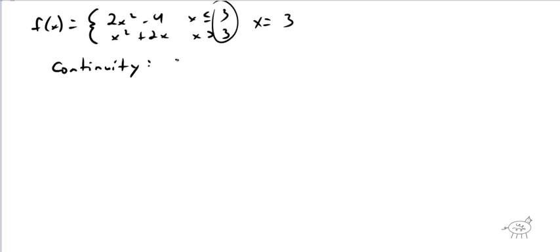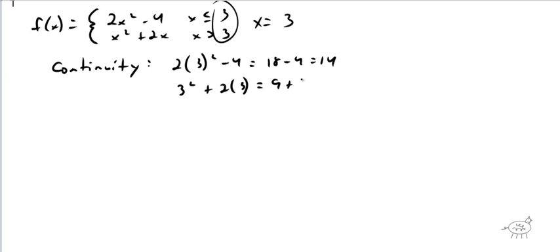So I'm going to plug a 3 in there. 2 times 3 squared minus 4 is 9, times 2 is 18, minus 4, which is 14. And 3 squared plus 2 times 3 gives us 9 plus 6 is 15.